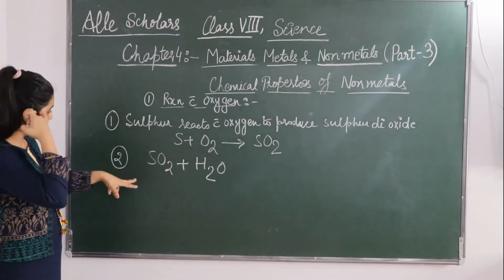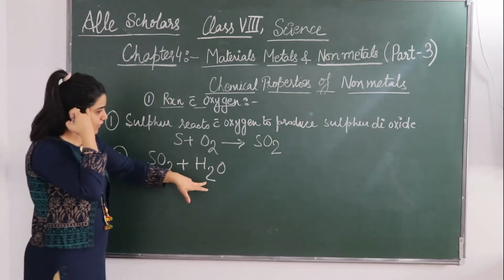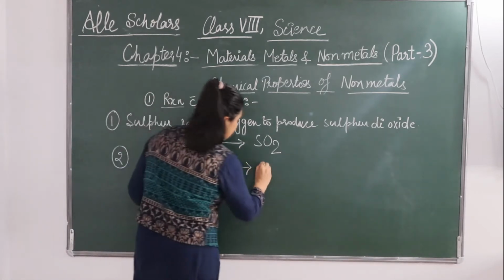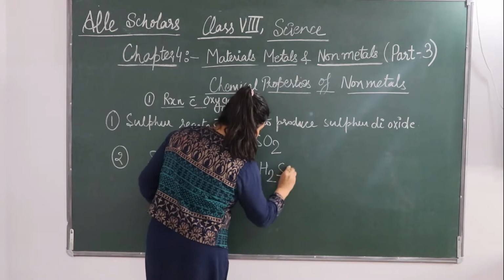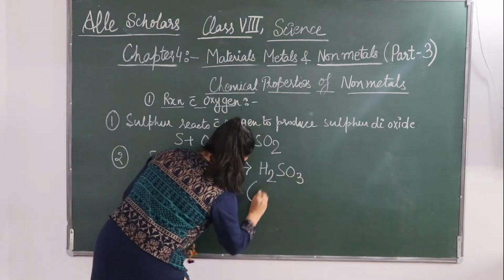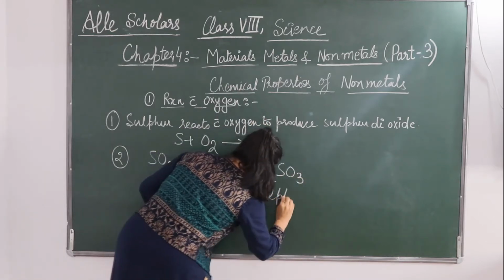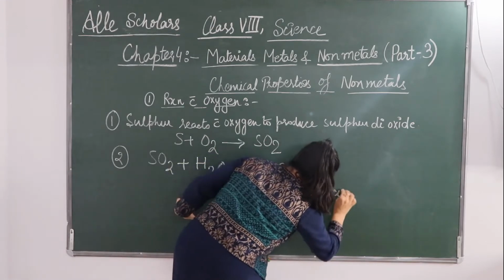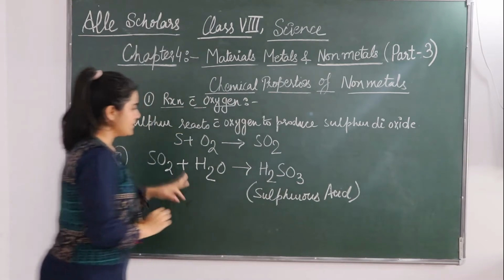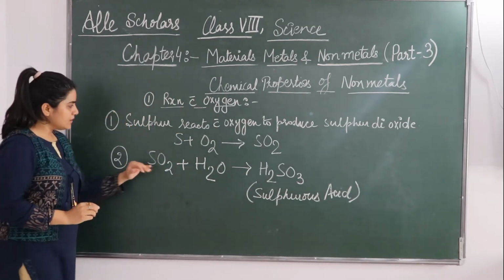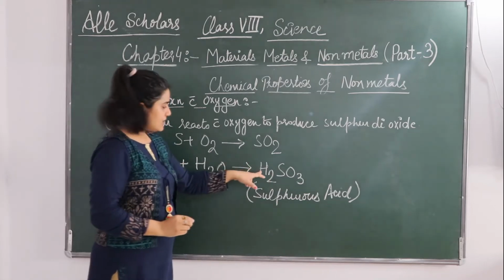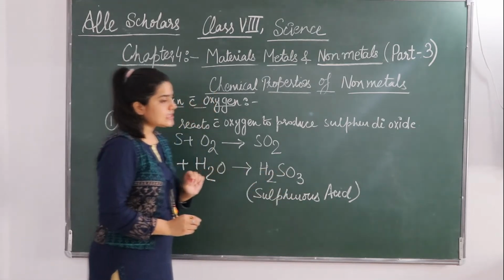When sulfur dioxide is dissolved in water, it gives sulfurous acid, that is H2SO3. Okay, sulfurous acid was formed when sulfur dioxide was reacted with water, H2SO3, that is sulfurous acid.